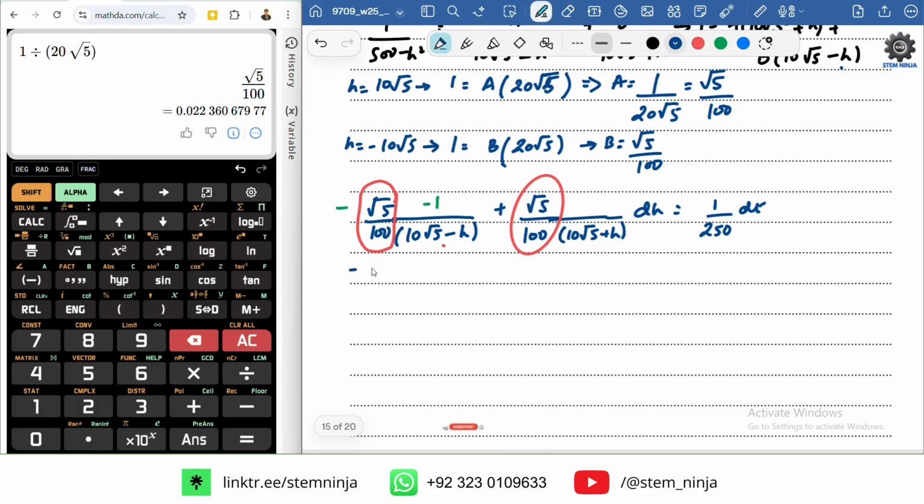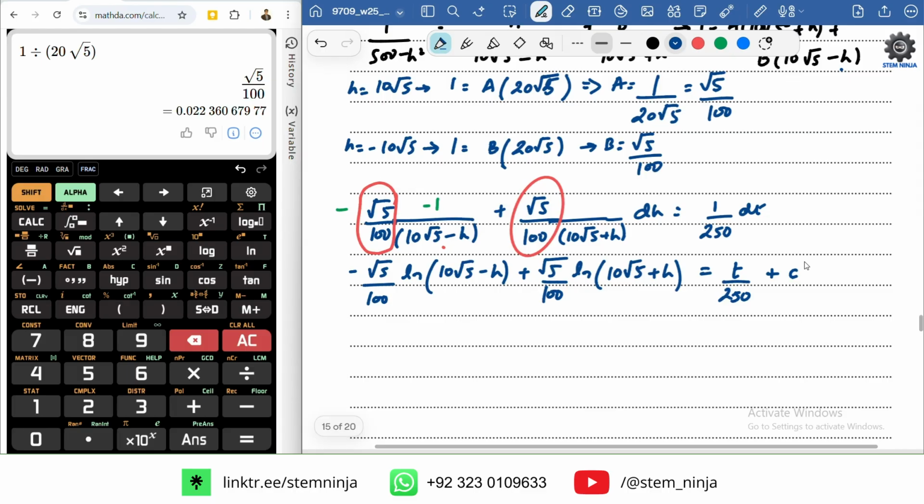So this would be minus root 5 over 100 ln of 10 root 5 minus h plus root 5 over 100 ln of 10 root 5 plus h equals to t over 250, plus c.